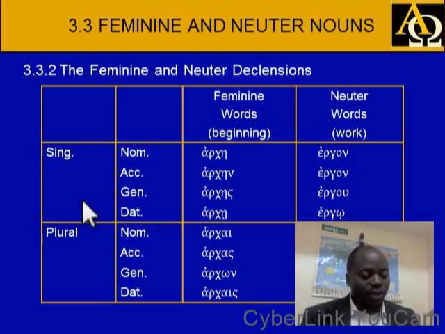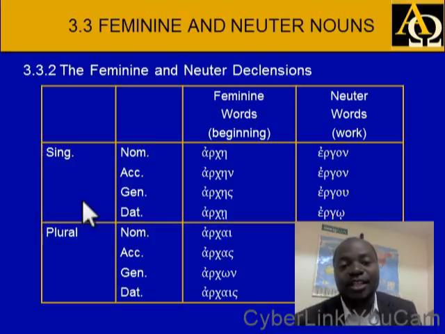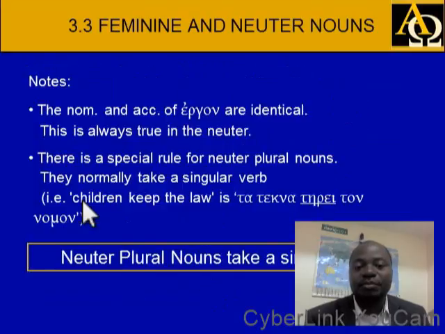So keep that rule in mind. Once you learn the masculine nouns, then you have easily learned the neuter nouns. Okay. So the nominative and accusative of ergon are identical.